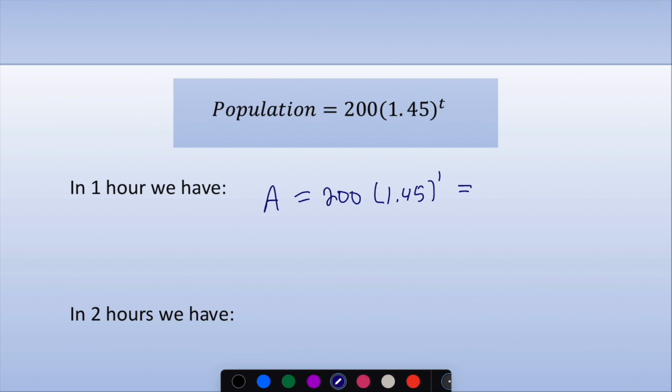Now you just want to enter that into a calculator. If you were doing it slightly by hand, we would have to use order of operations. 1.45 to the first is 1.45. So that'd be 200 times 1.45. So after 1 hour, let me tell you what that is.